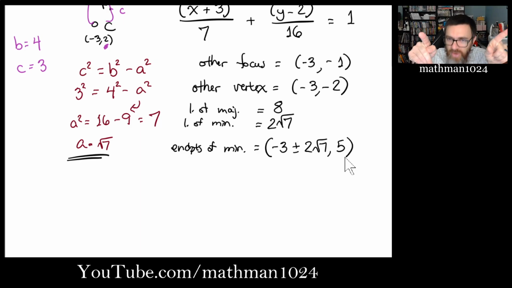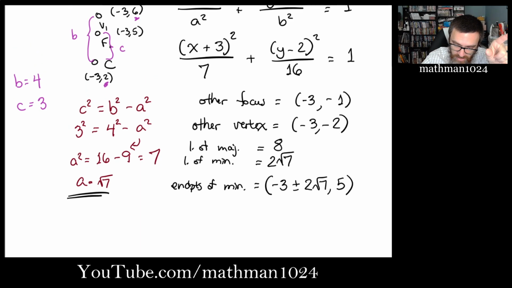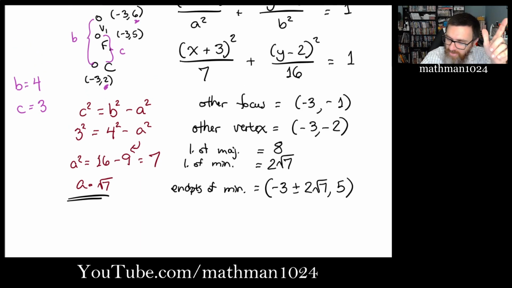So going left and right from this center, oh, not 5, 2, my bad. So you're going to be going left and right from (negative 3, 2) by the square root of 7.